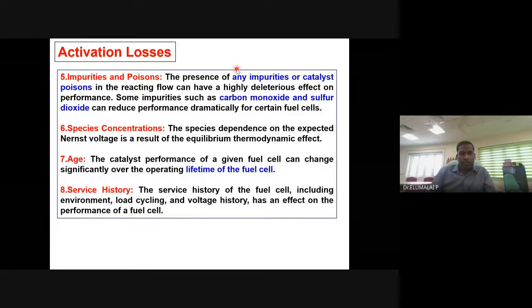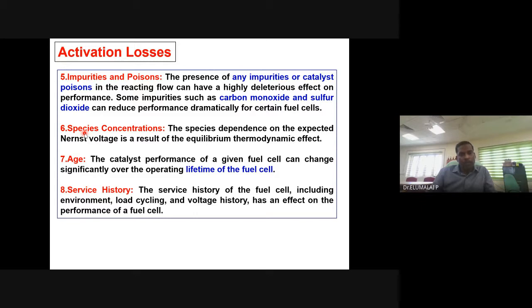Impurities we have already spoken about. If we have impurities, the catalyst will be poisoned. Impurities such as carbon monoxide and sulfur will poison the catalyst. Definitely. So how the fuel cell was utilized, and how long it was utilized, will also determine the activation losses.